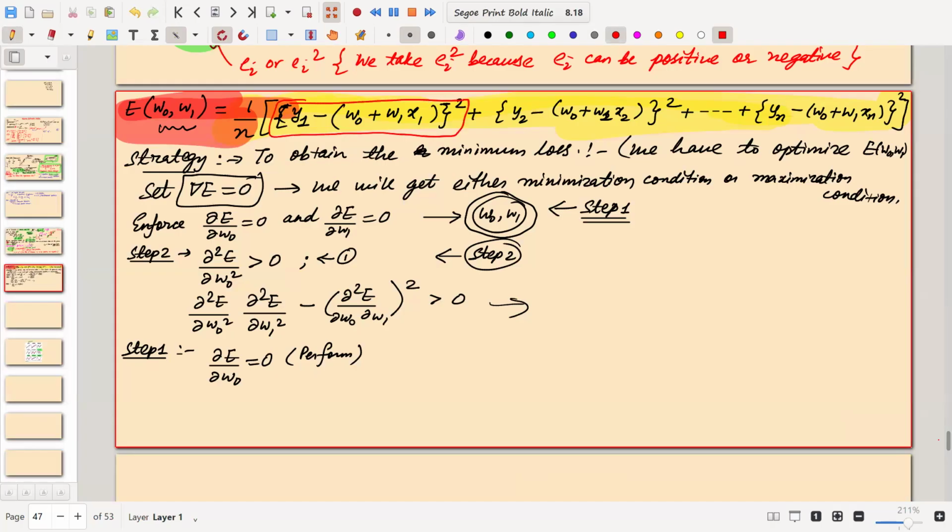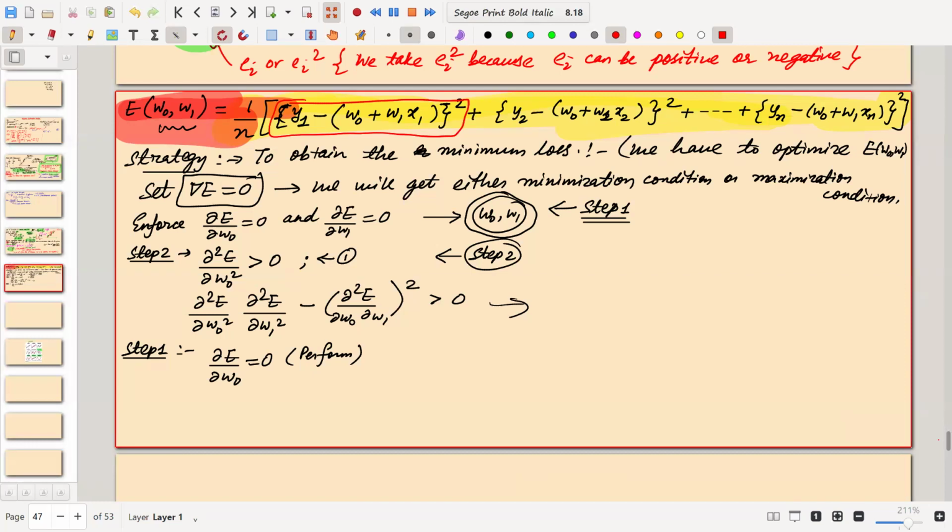Do you agree or not? Yes. So that's for one point. Similarly, you can have another point here, x2, y2, and another point x3, y3. Similarly, you have to take these distances and sum them over. That is the residual. And what is our job? Our job is to make the regression line as close as possible to the data points xi, yi.